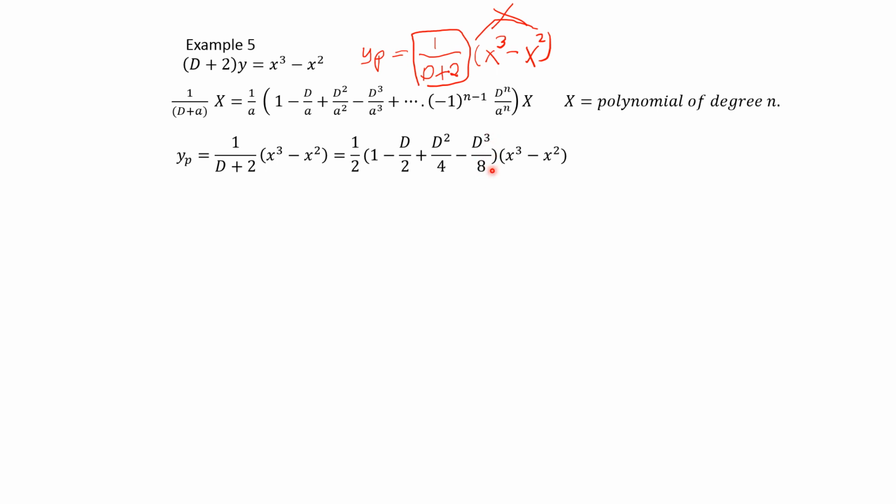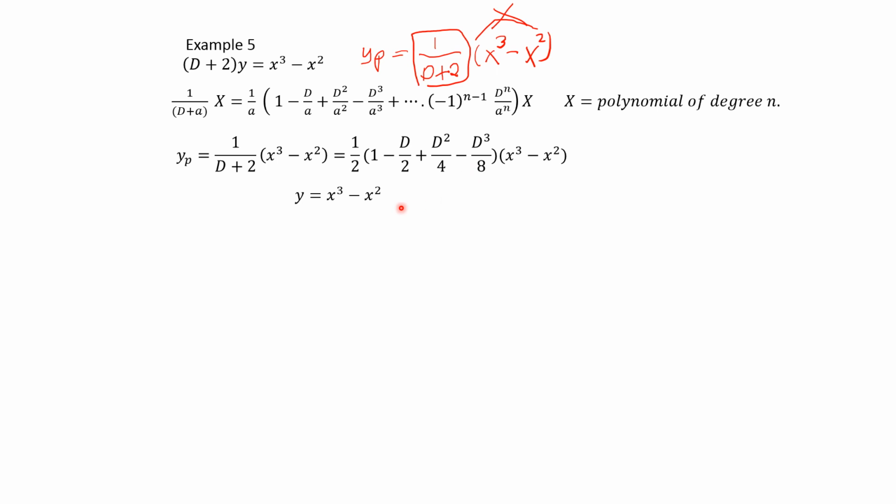Observe that the third derivative of x³ is a constant, so the fourth derivative will be 0. That's why all derivatives beyond D³ will be computed as 0.